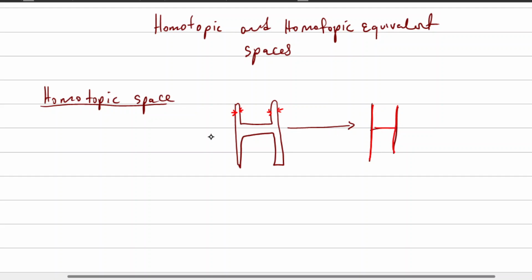Now, when we are looking at spaces, we're trying to observe what is happening to the letter H at different times.